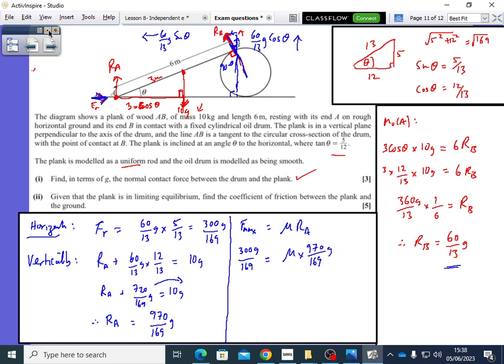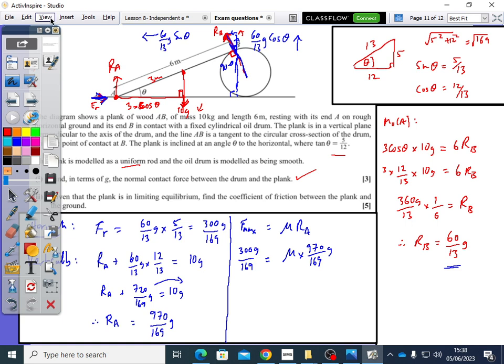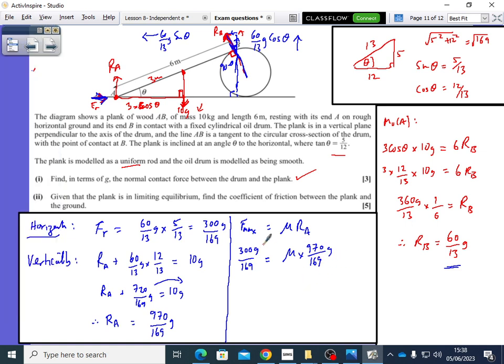Now we can cancel the g's out, times both by 169, and divide that through, so you get 300 divided by 970, which will equal mu.